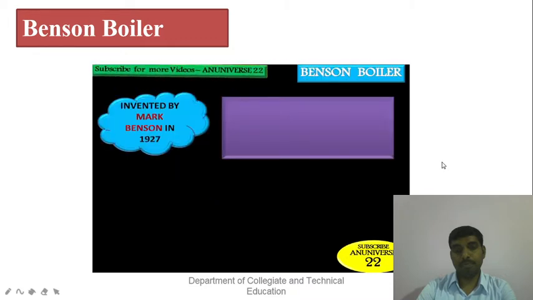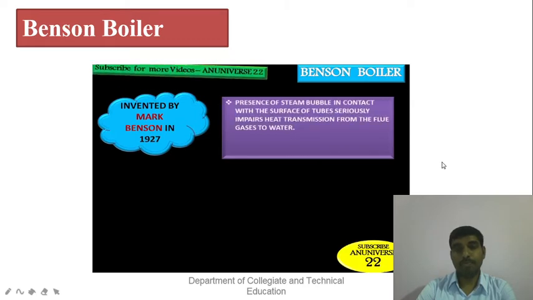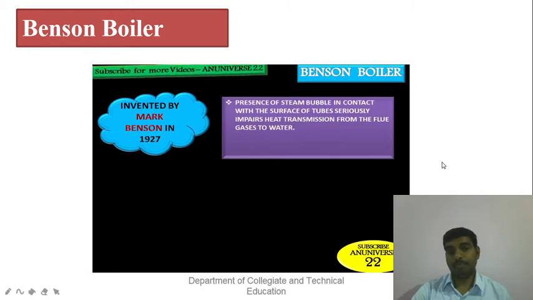The Benson boiler is a water tube boiler. The presence of steam bubbles in contact with the surface of the tubes seriously impairs heat transmission from the flue gases to the water. By raising the boiler pressure to the critical pressure of steam, this difficulty is overcome, as suggested by Mark Benson.